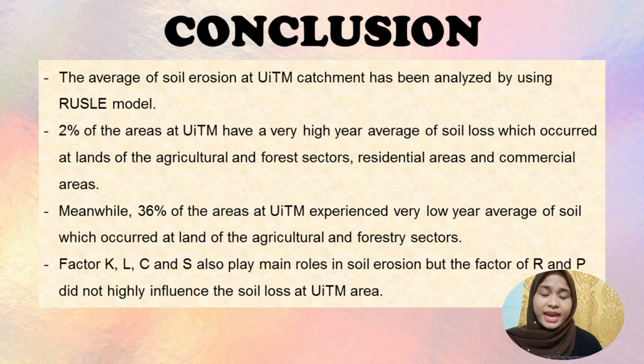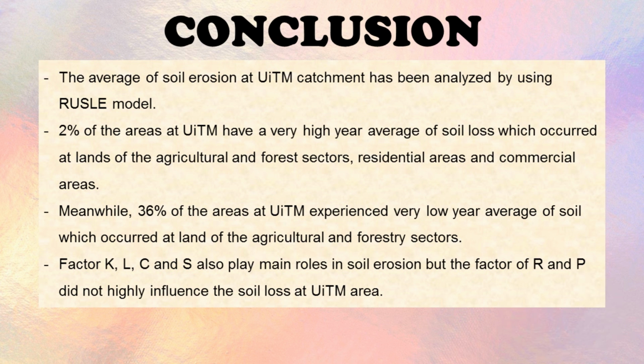Factors K, L, C, and S also play a main role in soil erosion, but factors P and R did not highly influence the soil loss at the UITM catchment area.